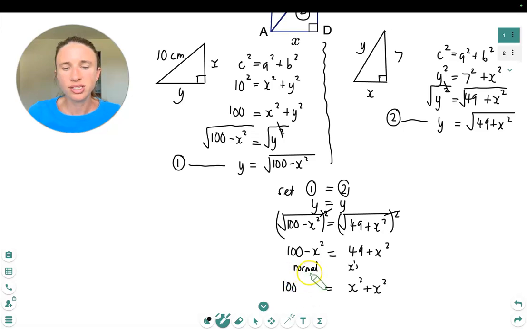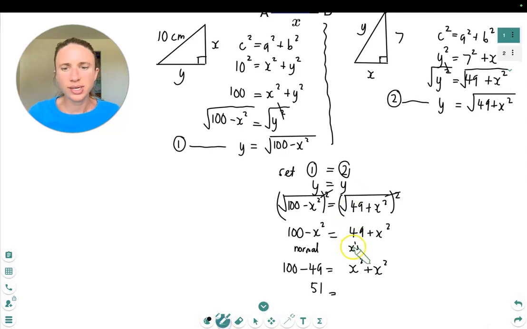We want the normal numbers on this side. The 49 goes over to here. It becomes negative 49 because there's an invisible plus sign if there's no sign at all. And then 100, let's simplify. 100 take 49, 51. X squared plus x squared. Well, there's invisible ones here. So 1x squared plus 1x squared, 2x squared.